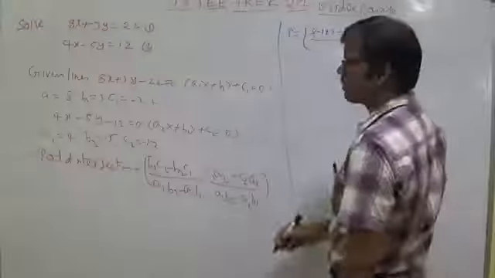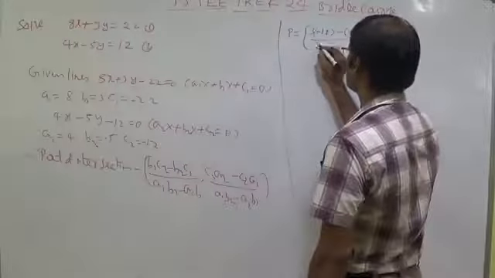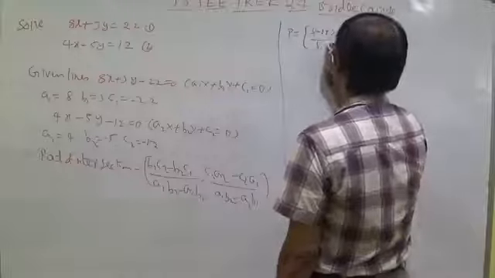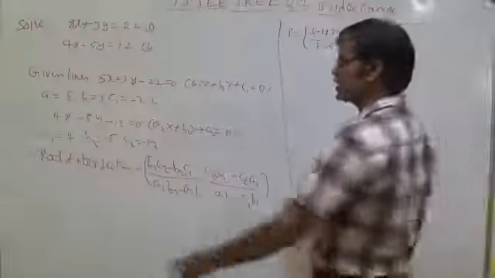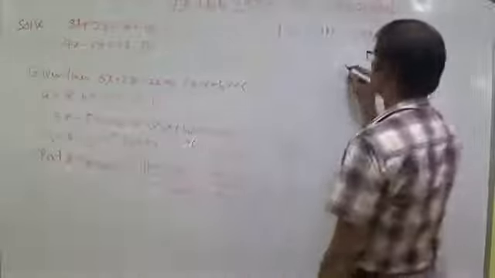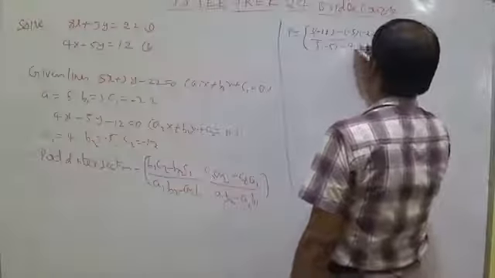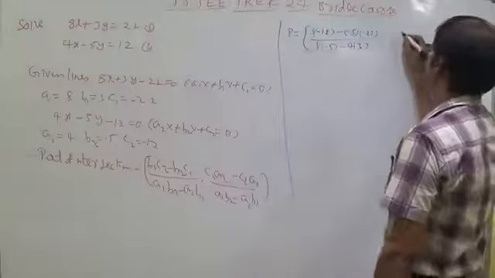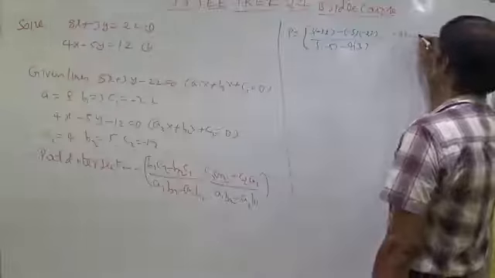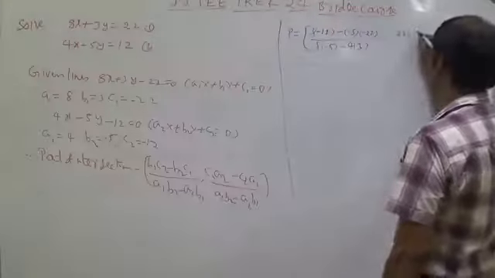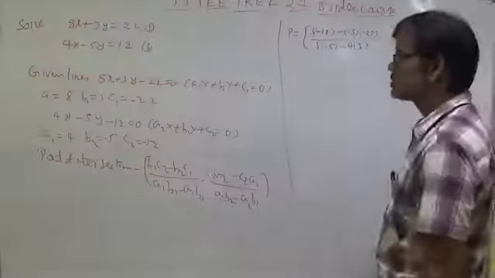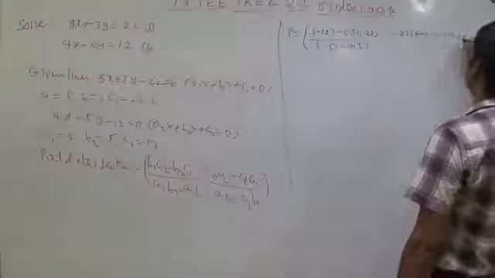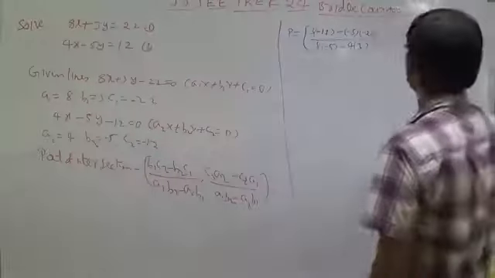By A1 B2: A1 means 8 into B2 means minus 5, minus A2 B1, so 4 into B1 is 3, comma, C1 A2: C1 means minus 22 into A2 means 4. Minus C2 A1: C2 means minus of minus 12 into A1 meaning 8.